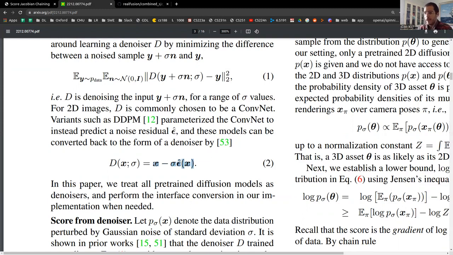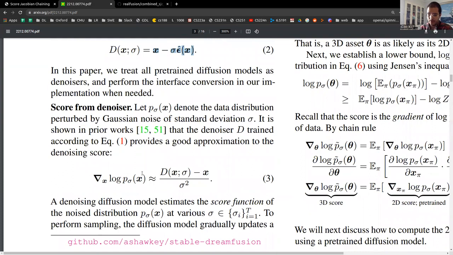So here we have the definition of score in the third equation. The denoiser minus the original, divided by the square of the variance of the noise that I'm adding, is the estimation that is being made here.